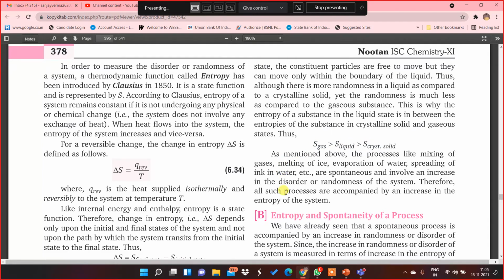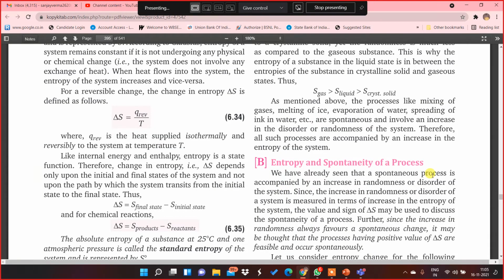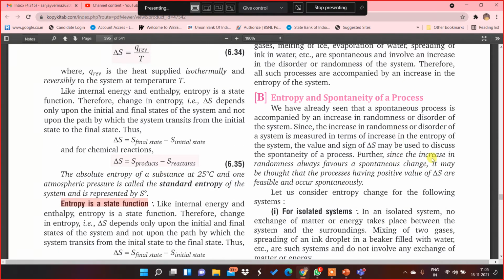Then, entropy and spontaneity of a process. Since the increase in randomness always favors a spontaneous change, it may be thought that the process having positive value of delta S is feasible and occurs spontaneously. So this sentence you underline, and remember it.